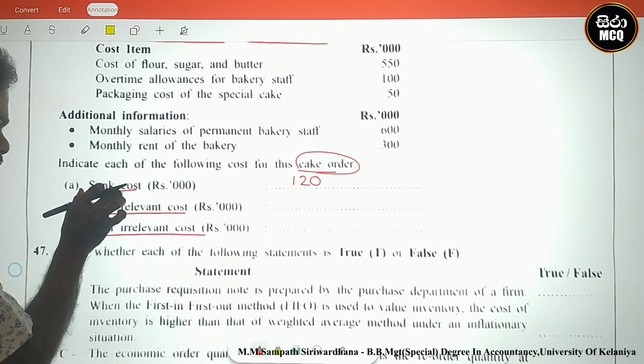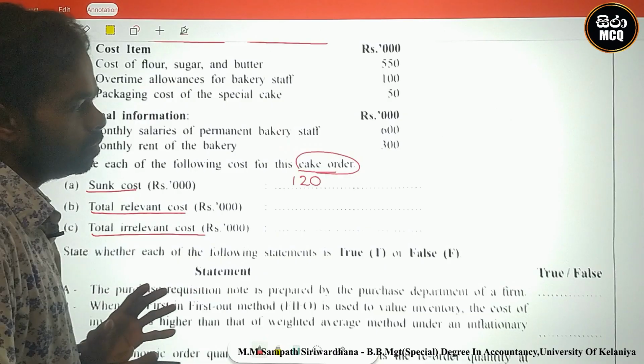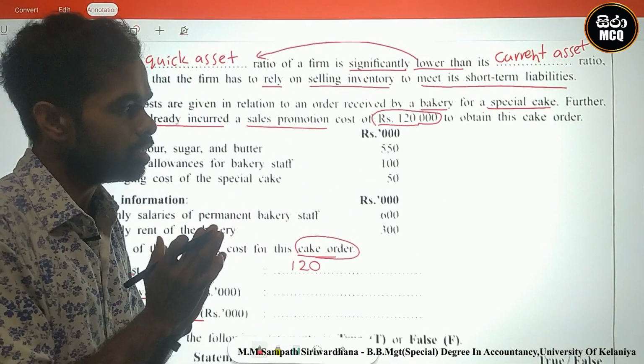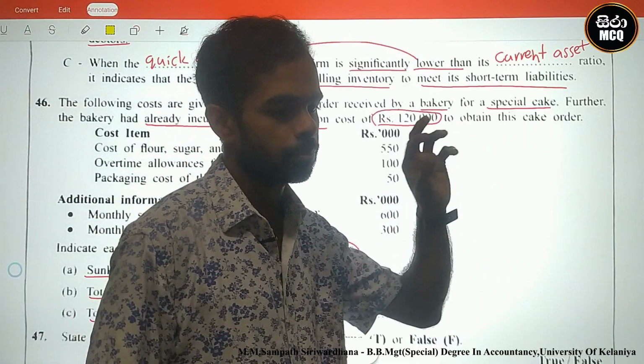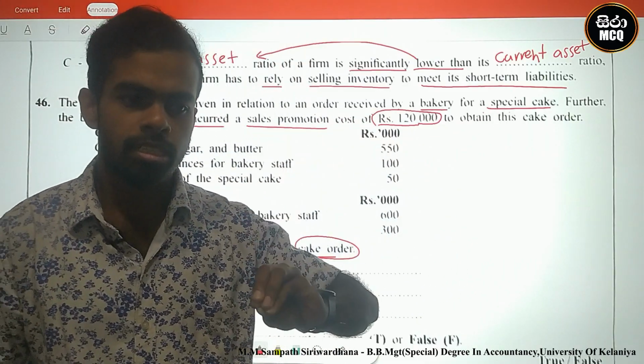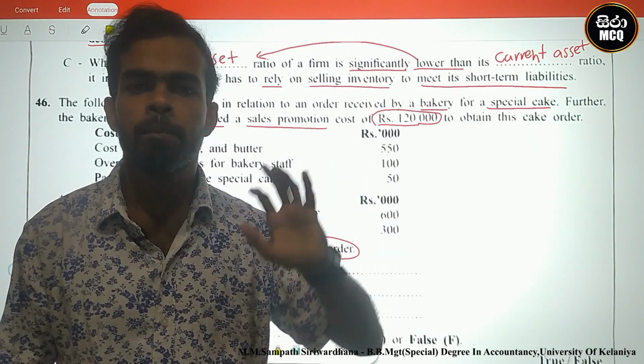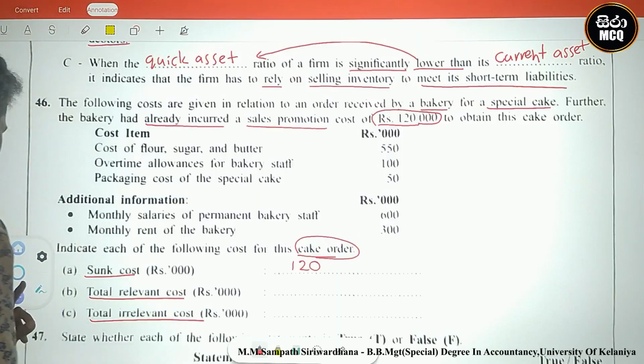What is the total relevant cost? Relevant cost means what is relevant for this special cake. Based on the special cake, we must incur some cost. Look here, I will explain.